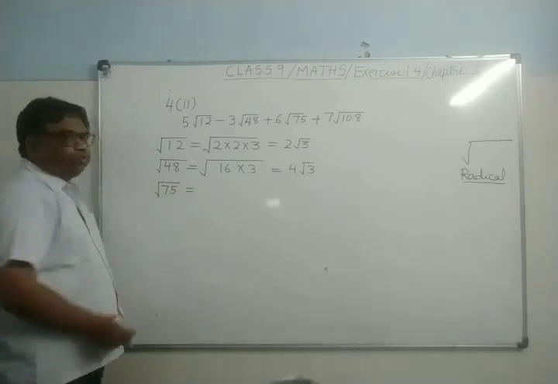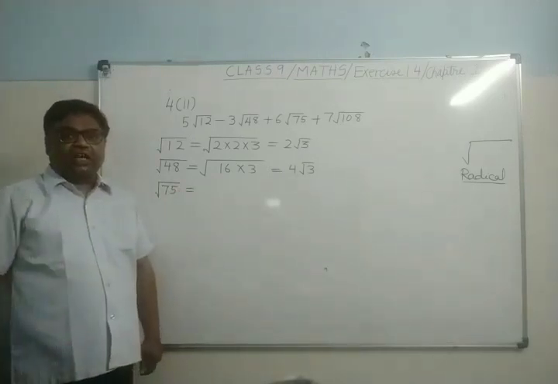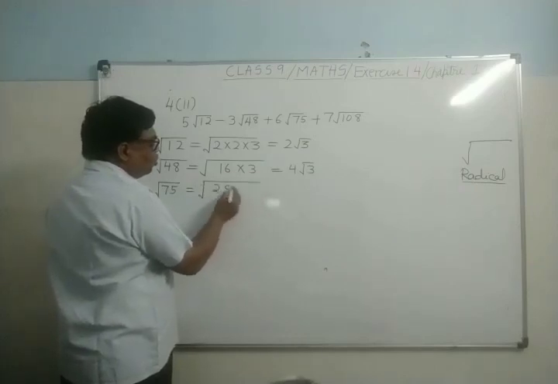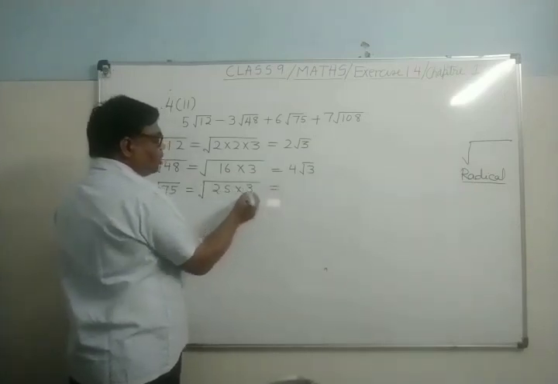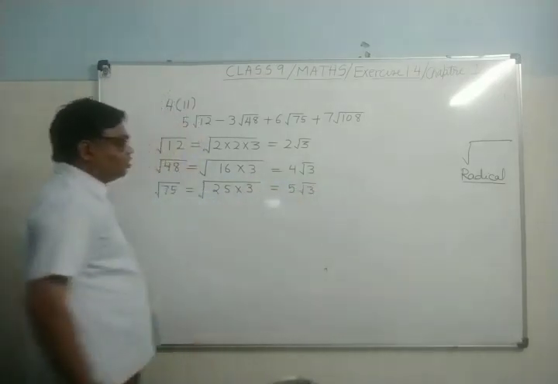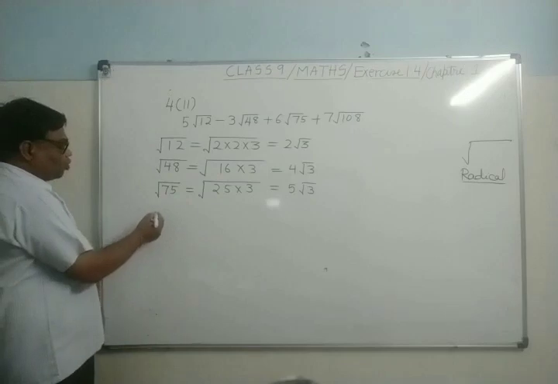75, this also we know: 25 into 3 is 75, and the square root of 25 is known to us. What is the square root of 25? It is 5. So 5 root 3. Or you can determine by factorization.